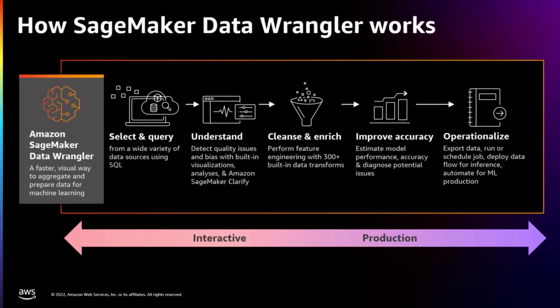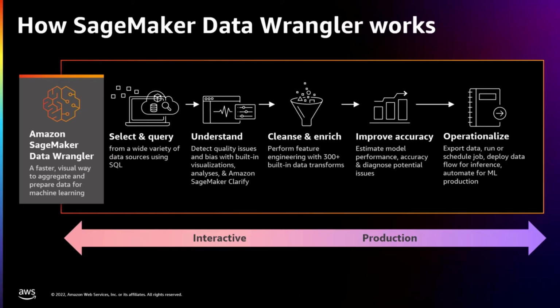So let's take a look at how SageMaker Data Wrangler works at a high level. It divides into 5 key functional areas that help you complete the end-to-end data preparation process, starting with connecting to a wide variety of data sources and browsing and selecting data using a SQL interface or a visual interface.